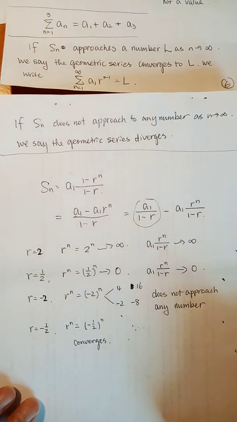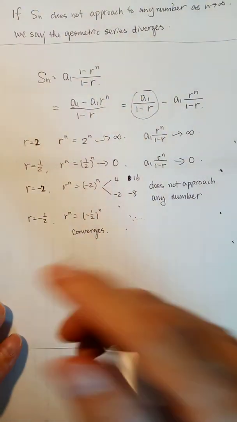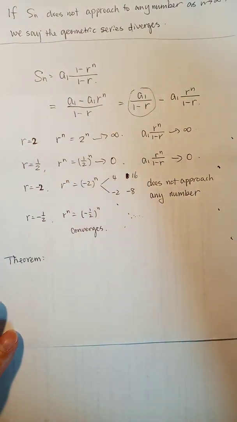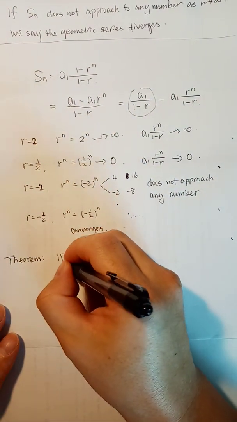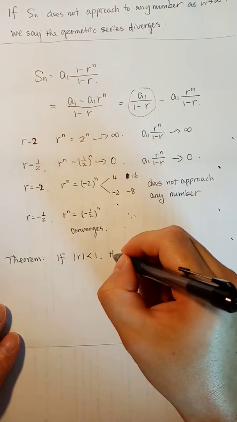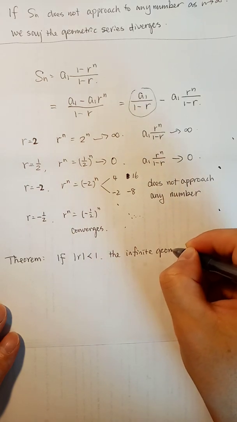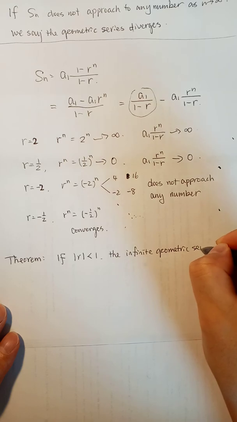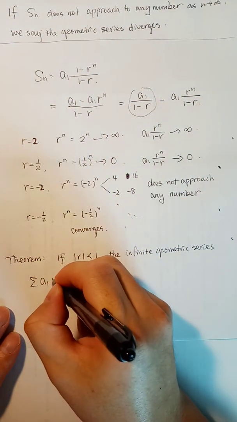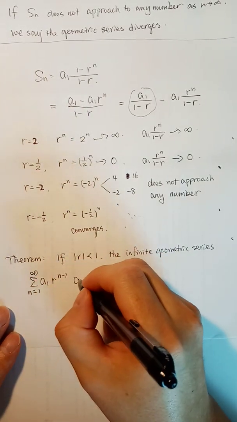So to summarize this discussion, we have our theorem. If the absolute value of the common ratio is less than 1, the infinite geometric series converges.